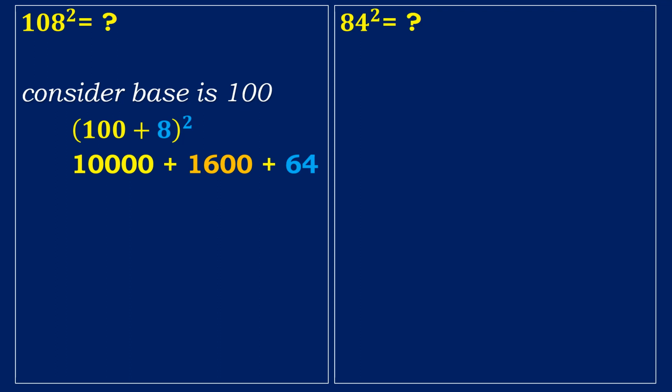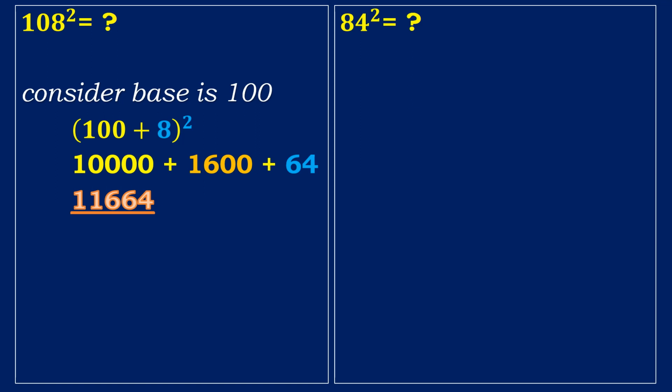A square is 100 square, which is 10,000. 2ab is 2 into 100 into 8, which is 1600. b square is 8 square, which is 64. Combine these values, 10,000 plus 1600 plus 64. As a result, 108 square is 11,664. Let's look at another example to understand this concept.